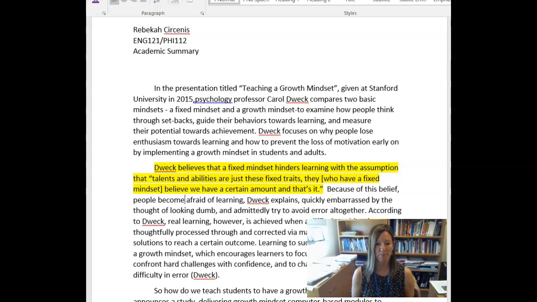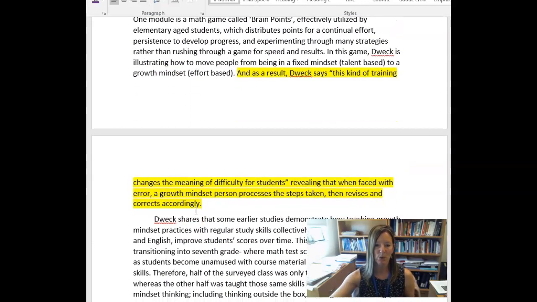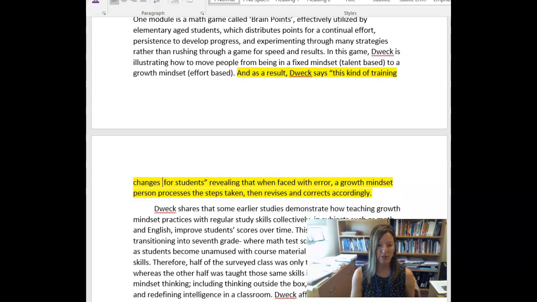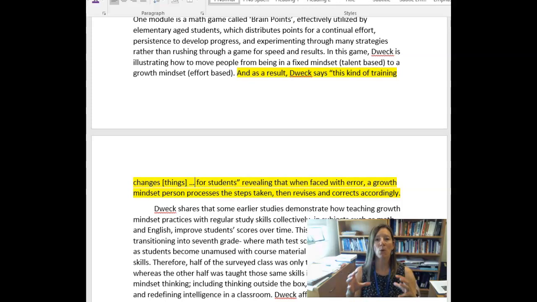The other thing you can do is, let's say you only want to take a part of a quote, and there's a bunch that you want to cut out. Well, you can cut it out. Let's say you wanted to shorten it. Then you might just say things and then put in ... And that lets your reader know there were more words in there originally, but you don't need those words.